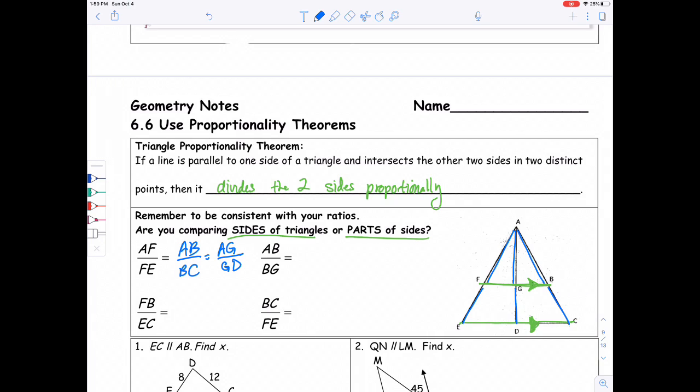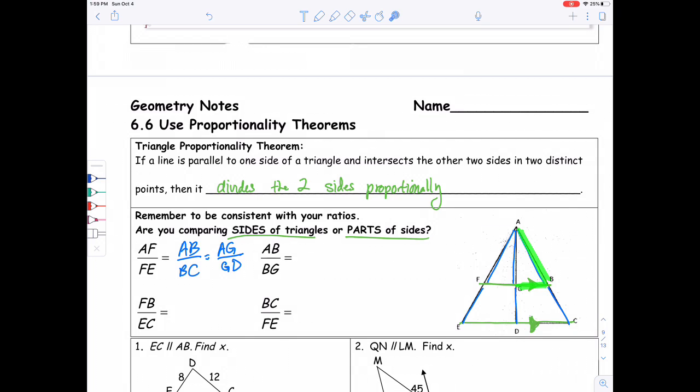Alright, so looking at AB for this one here, AB over BG. AD over BG. Looking at this, we have a full side of the smaller triangle, and we have part of the side of the smaller triangle here.